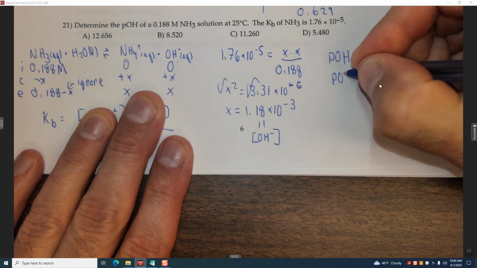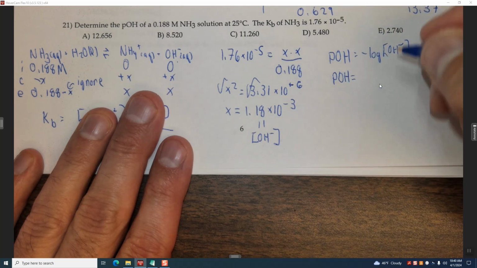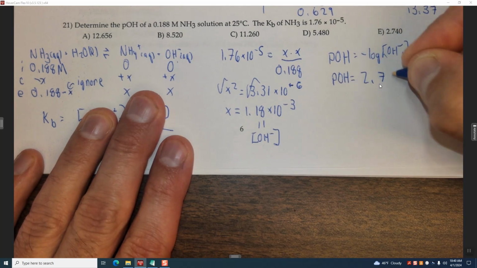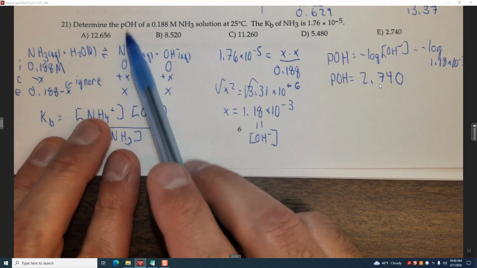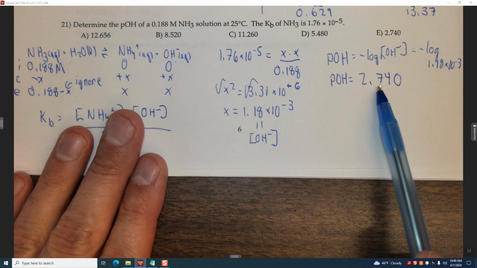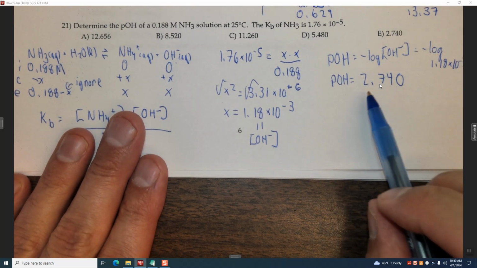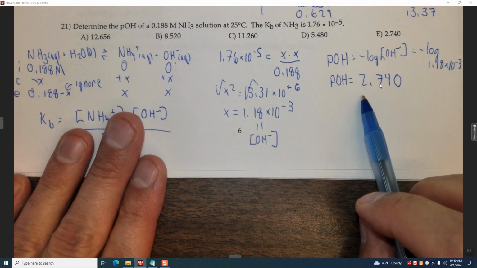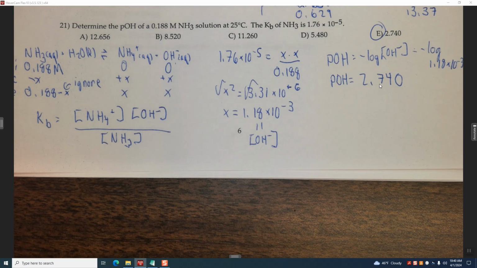So the pOH is equal to 2.740. And I just realized the question only asks us for the pOH. We don't need to find the pH. If we wanted to find the pH, you just do 14 minus that, and it would be 11 point something, but it only asks us for the pOH, which is choice letter E.